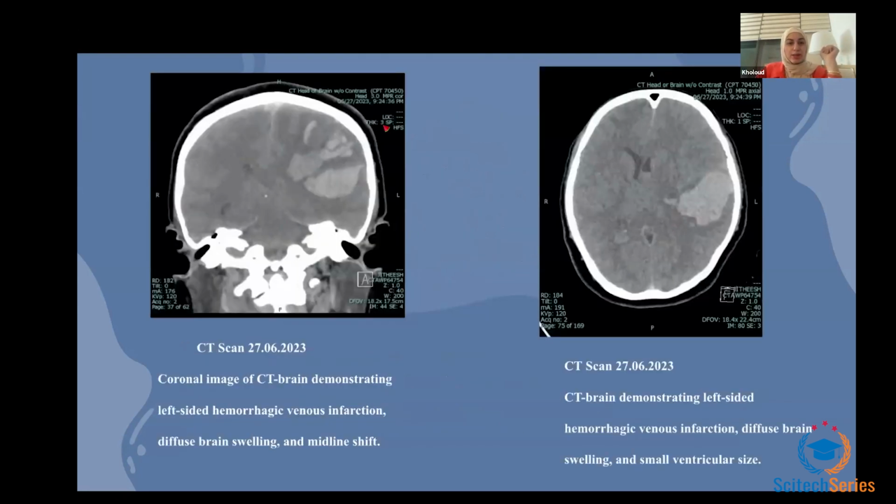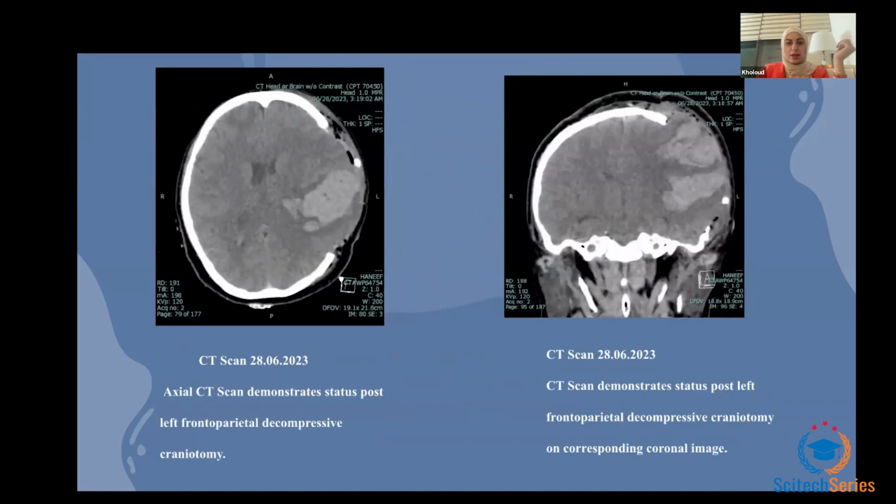So here we can see the left-sided hemorrhagic venous infarction, and then the diffuse brain swelling, and the ventricle size is reduced as well. And then this is after the decompressive craniotomy here.